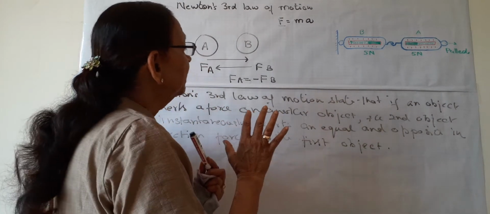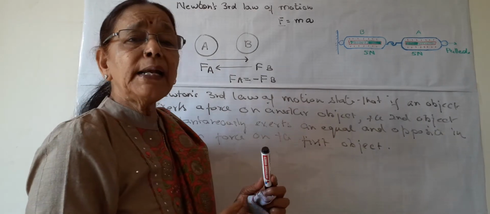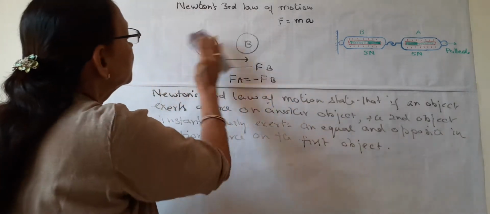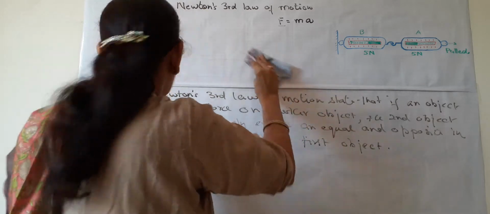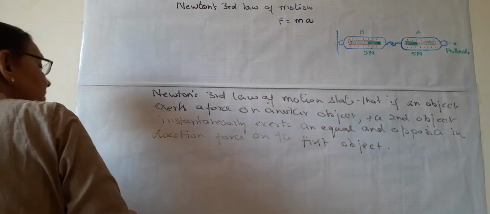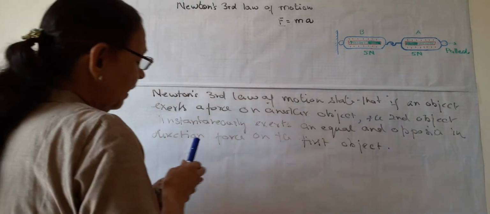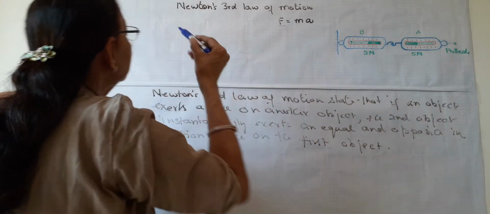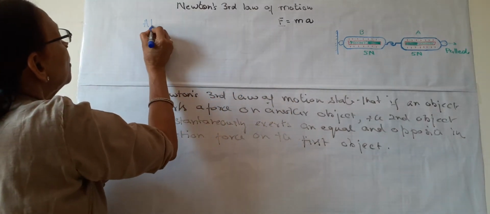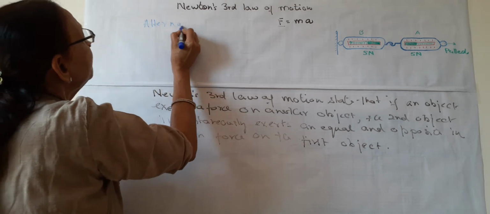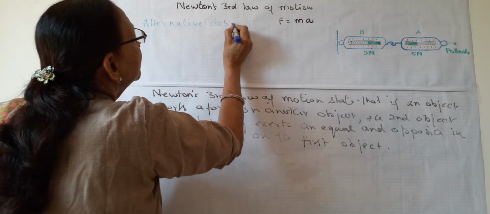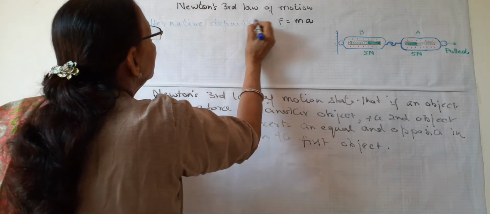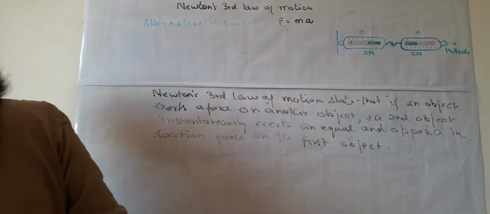As we have given the names action and reaction force, we have one more definition of Newton's third law, and that is known as the alternative definition. Alternative definition of Newton's third law.